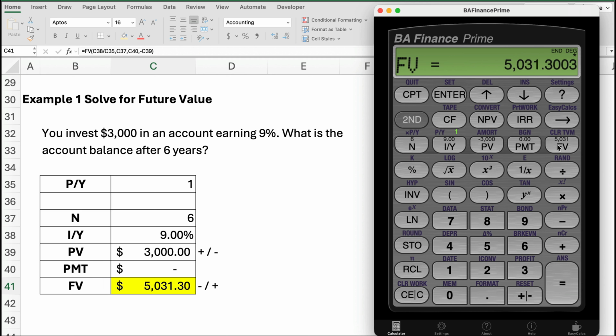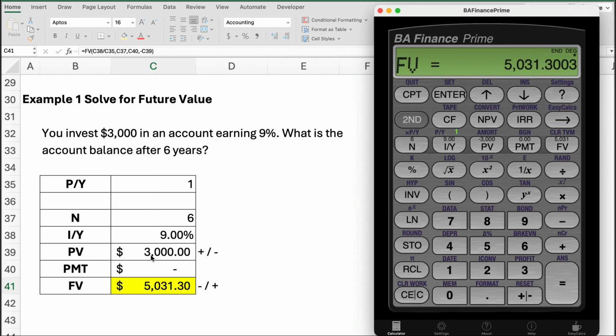Now let's take this problem. What if we invested $3,000 and then every month we put in $100? What would happen? Well, the present value and the payment need to be the same sign because you're growing that account. Now a lot of times in a problem like this, we would make the present value negative because you're paying $3,000 for the right to receive in the future value of positive 5,031.